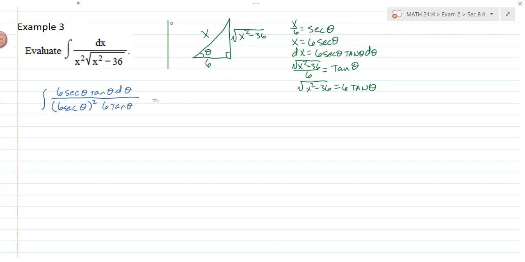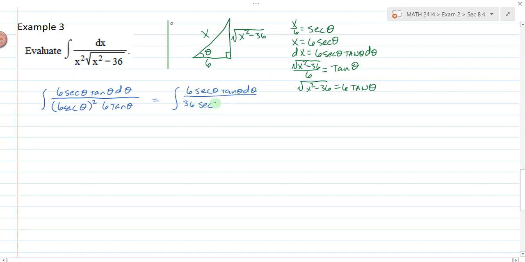Now I do want to urge some caution here. When you're squaring this, you're squaring the 6 and the secant squared. So that's going to give us the integral of, I'm just going to write everything out, 6 secant theta tan theta d theta over 36 secant theta times secant theta times 6 times tan theta.